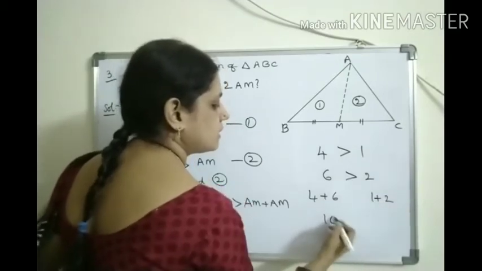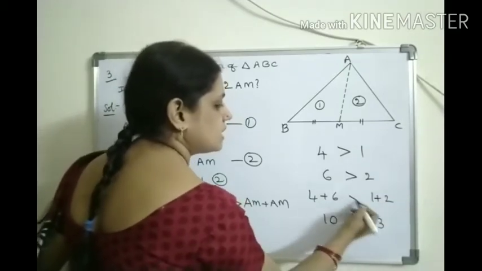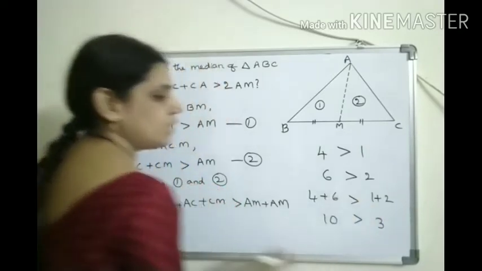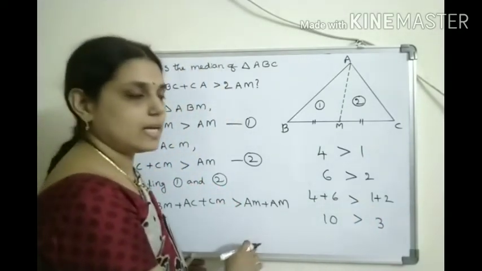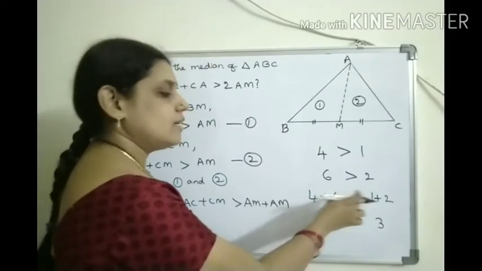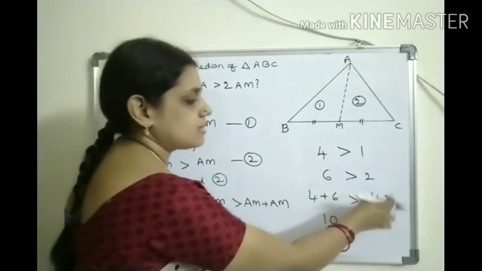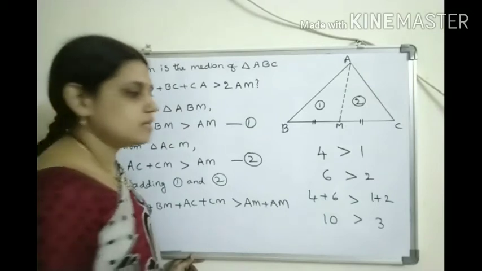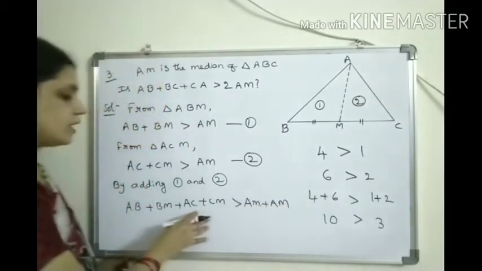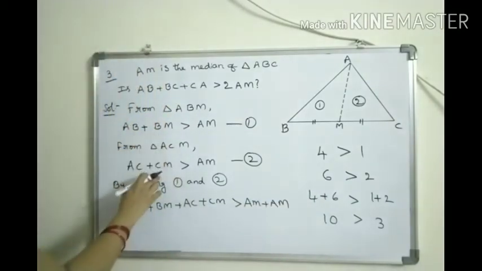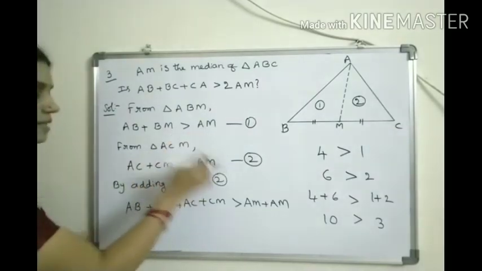Okay, 4 plus 6 is 10, 1 plus 2 is 3. So is it greater than or not? So can we add like that? Two inequalities we can add like that. LHS plus LHS will be greater than RHS plus RHS only. Okay. So just in the same way we are doing even here. So LHS plus LHS greater than RHS plus RHS.